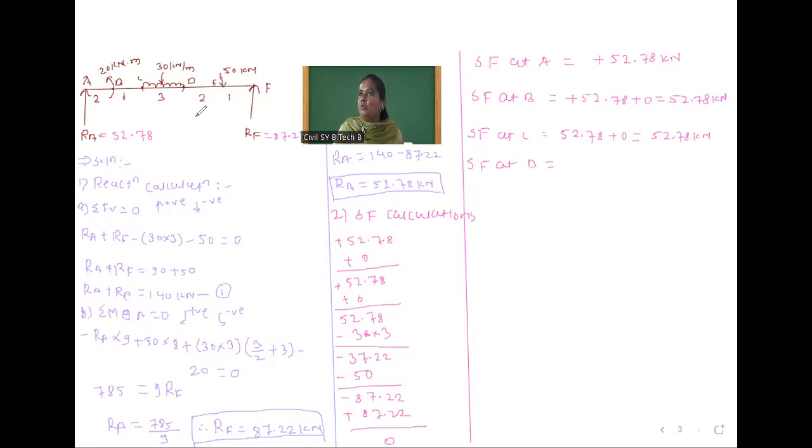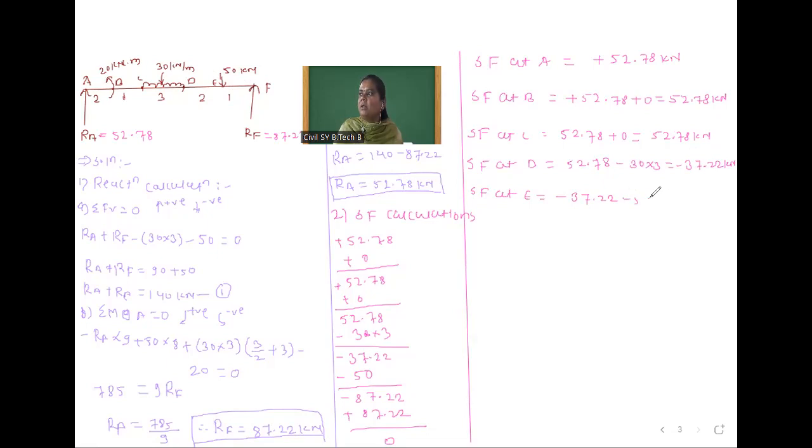Up to this C point, value is 52.78, and in between C to D there is a downward force. So minus 30 into 3, which is equal to minus 37.22 kilonewton. After that we will calculate at E. The shear force at E is equal to up to E point minus 37.22, and at E point downward 50.